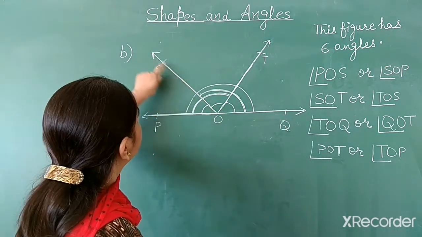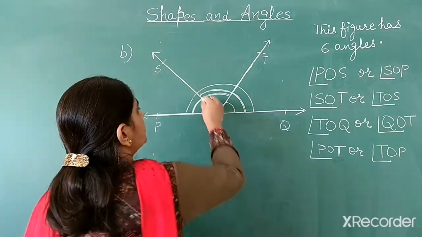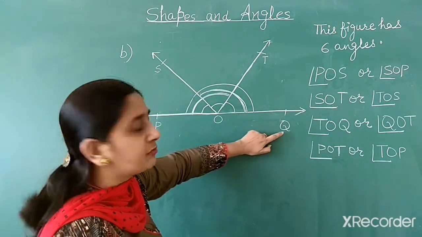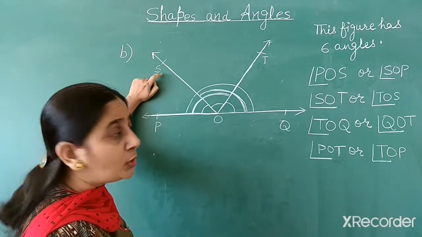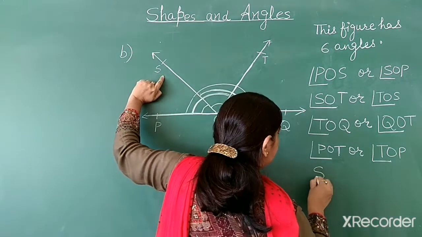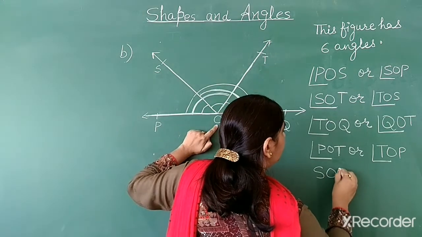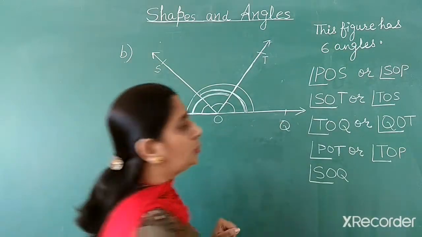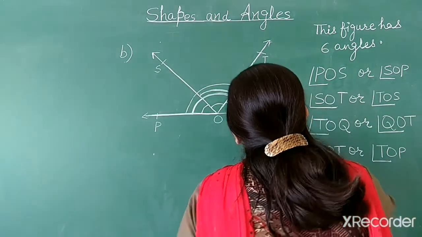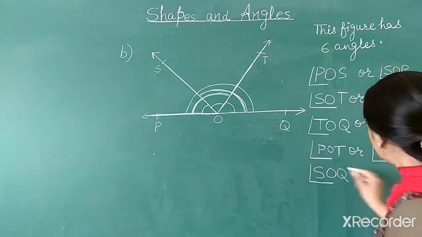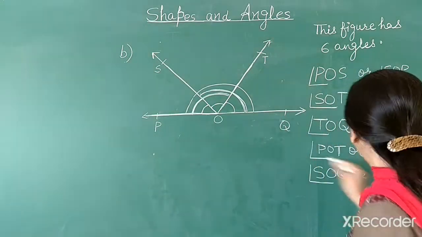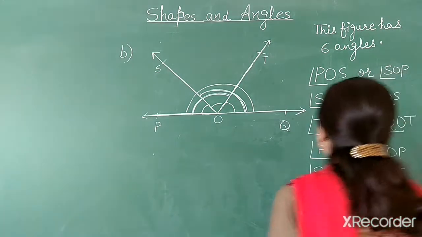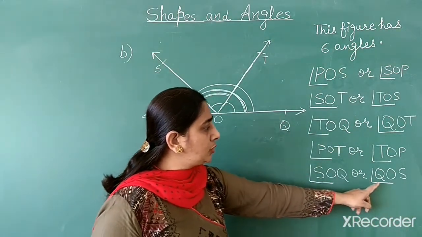So this angle, either we will start naming from the point S, or we can start from the point Q. So first I am starting from the point S. So S, then vertex O, and then point on the second arm, that is Q. The name of this angle is SOQ, or if you are starting from this point, then first write letter Q, then vertex O, and then point on the second arm, that is S. So the name of this fifth angle is SOQ or QOS.